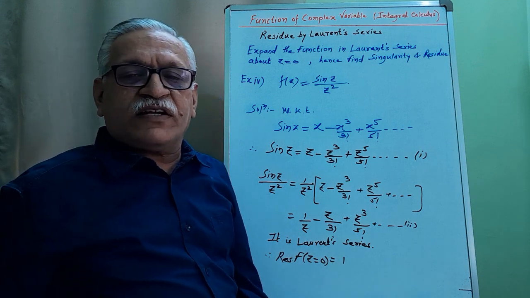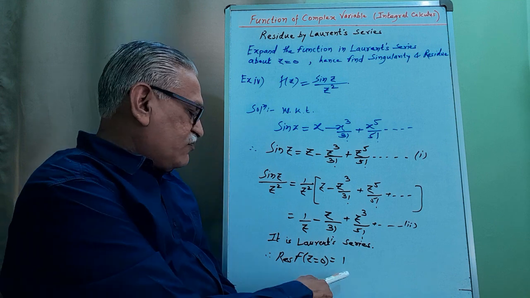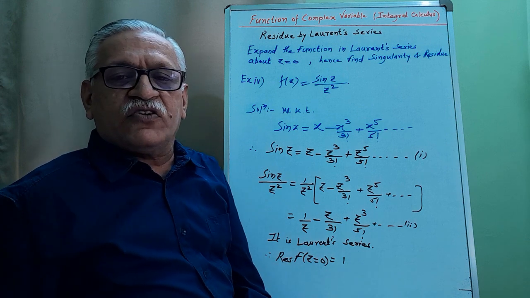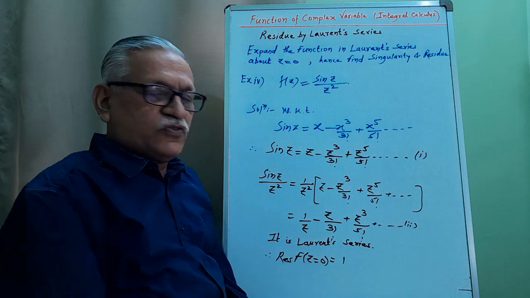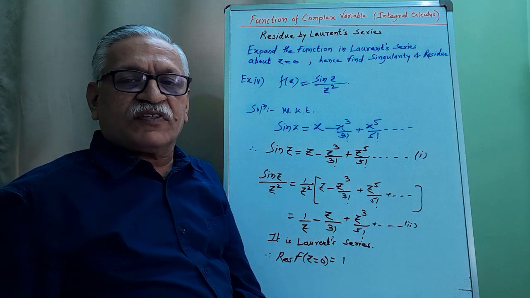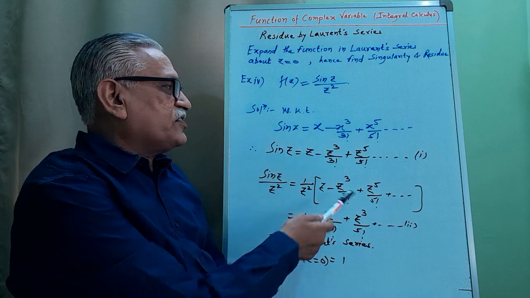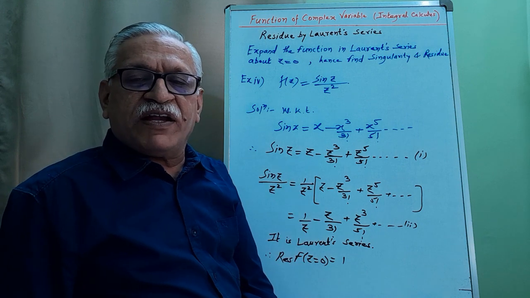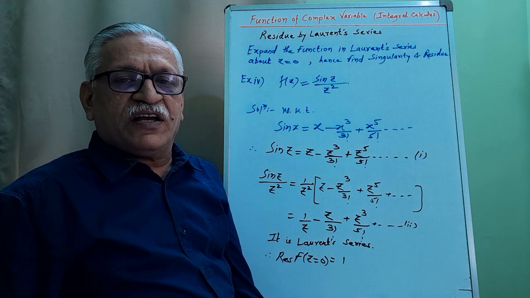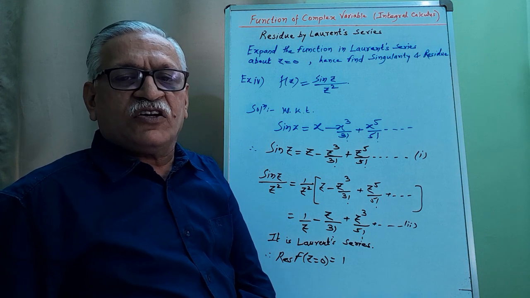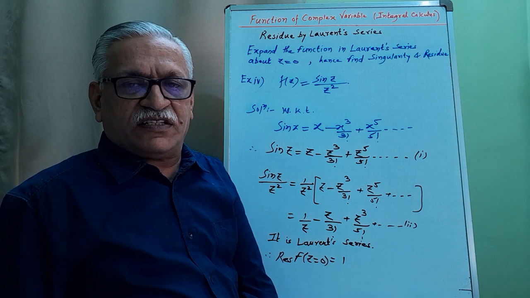The coefficient of that 1 upon z is 1, and that term is called the residue of that function about the pole z is equal to 0, and I have obtained this using a Laurent series. In my next video, I will discuss how we can determine the residue, and then use it to determine the value of a contour integral.